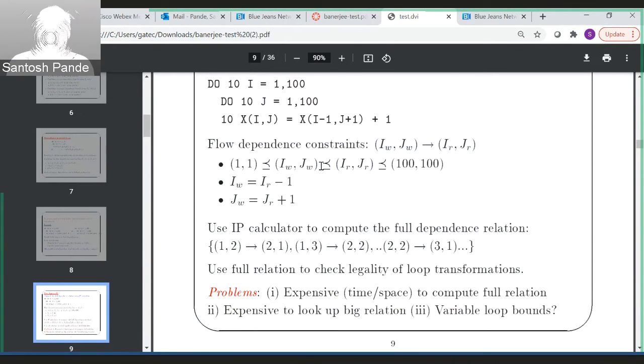If we had to solve these equations, IW equal to IR minus 1 and JW equal to JR plus 1, in a non-integral space, then the solution is much easier, because all we do is solve the simultaneous linear equations in the real space and find if they have a feasible solution or not. But that's not the case here. They must satisfy the integer relation and the loop bounds, etc. And so the problem is very hard, an integer or NP-complete problem.